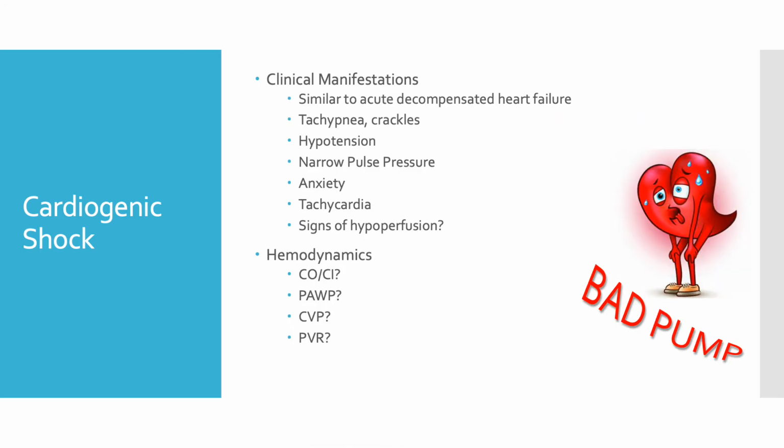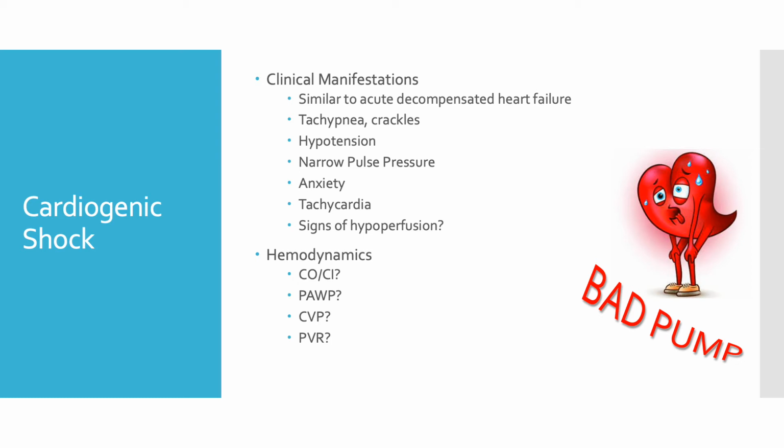Now, what would this patient look like? This patient with cardiogenic shock, they have a bad pump. So they're either not filling or not pumping effectively. And sometimes it's easiest to think of a patient with heart failure and how they present. So if they have left ventricular systolic dysfunction, that left ventricle is not pumping effectively, the fluid's going to back up into the lungs.